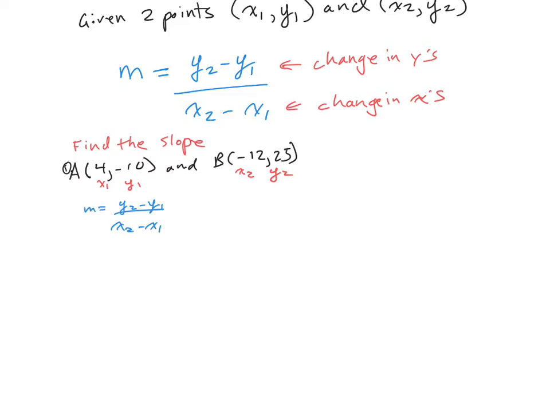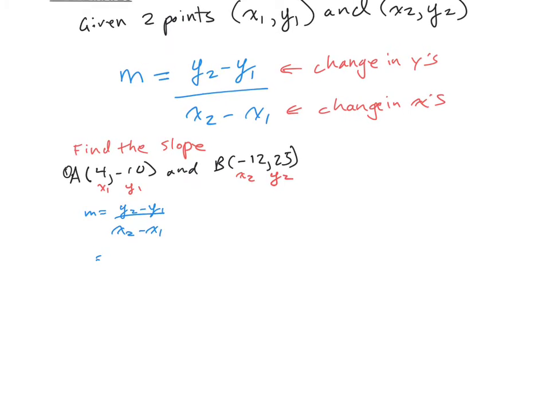So we end up with 25 minus -10 divided by -12 minus 4.